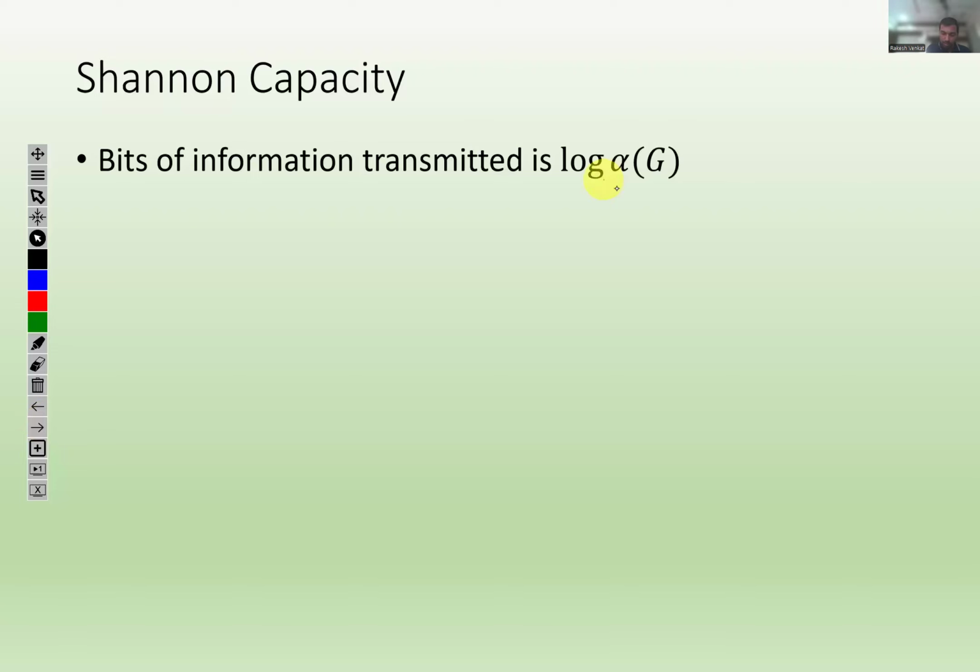Similarly, if I'm transmitting one of alpha of G messages, where G is my base conflict graph, and I decided that on the particular channel that creates this conflict I can send an independent set, which currently may look something like this and this, that's 2, so that's 1 bit of information that is sent. In case you're not clear why this is 1 bit, you can forget about it. You can just take it as a definition.